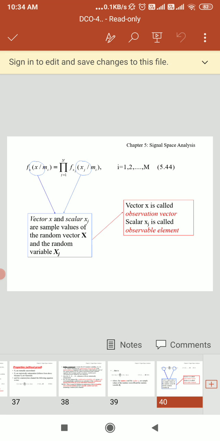The vector x is called the observation vector and the scalar xj we can call the observable element.